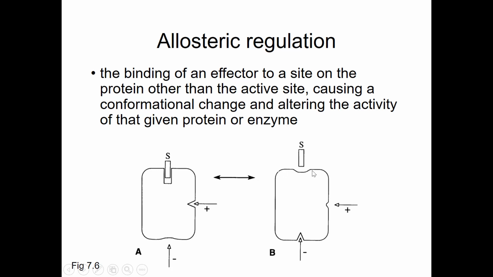So now the active site is closed and the substrate is no longer capable of binding. So now the substrate will not be converted to a product so long as the negative regulator is bound. Only when the positive regulator is bound will that active site open up again and substrate can bind and be converted into product.